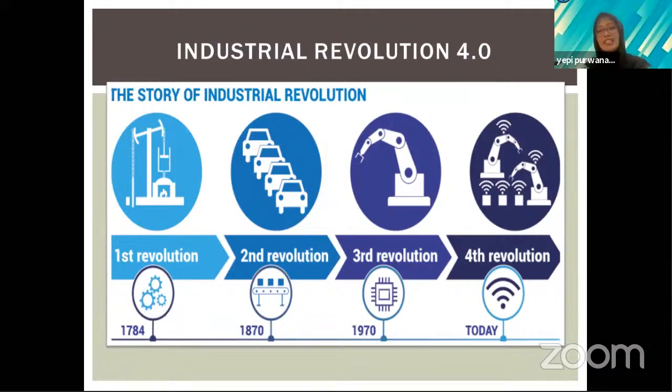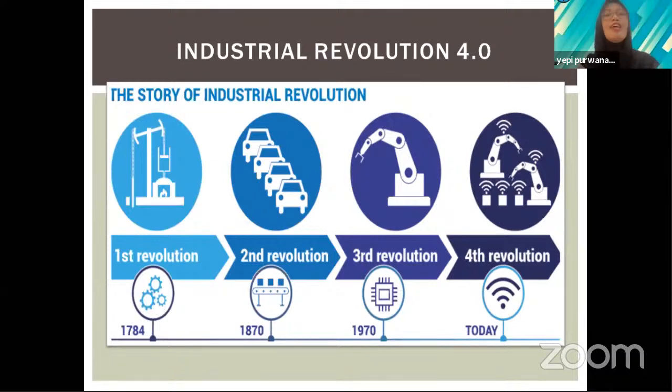And then in 1970, it's quite a long time ago, we are in the era of computers and automation. So actually, the computer started in 1970. So what about now, the fourth revolution? In the fourth revolution, we are talking about cyber and physical systems.